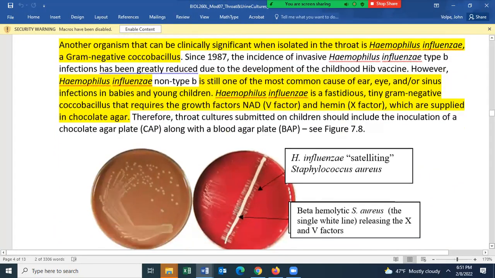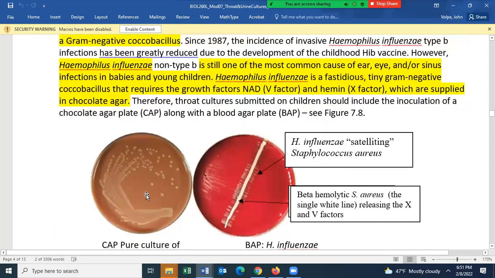Haemophilus influenzae cannot lyse the red blood cells and then get the nutrients from the red blood cells. But if we lyse the red blood cells by growing the Haemophilus influenzae on chocolate agar, Haemophilus influenzae will then grow because the nutrients in the red blood cell have been released.